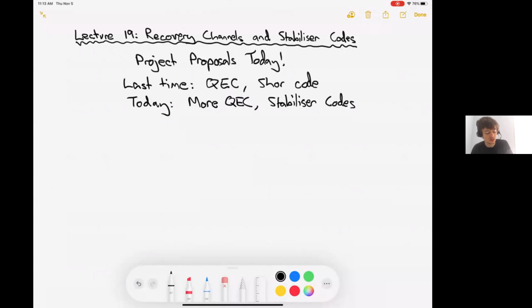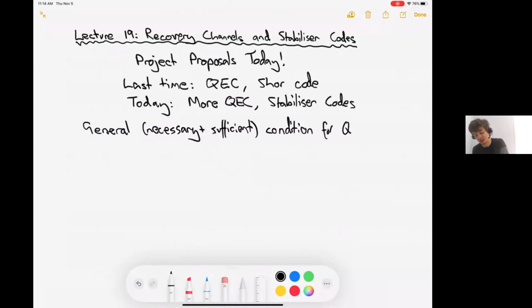Okay, so at the very end of last time, I claimed that there is a general necessary and sufficient condition for quantum error correction to be possible. And it's defined as follows.